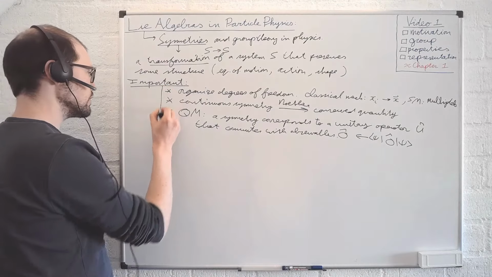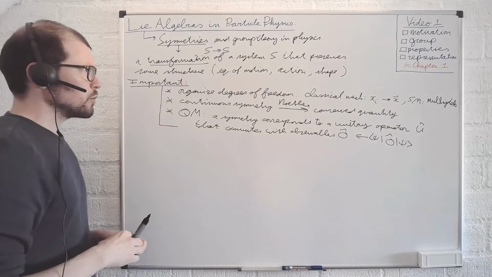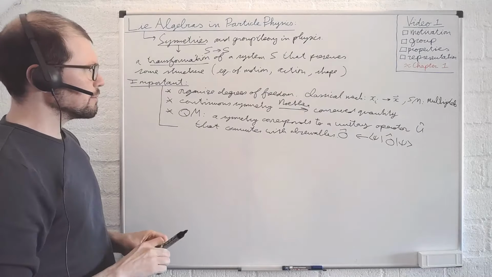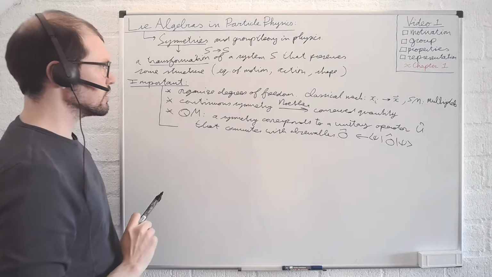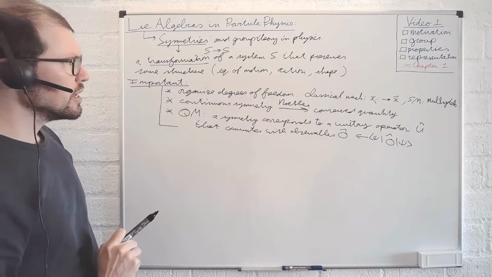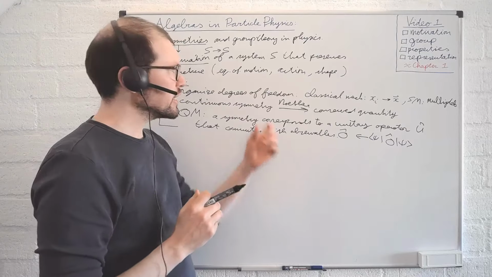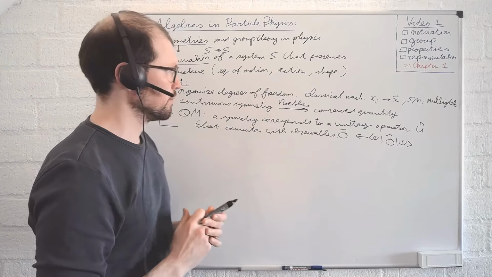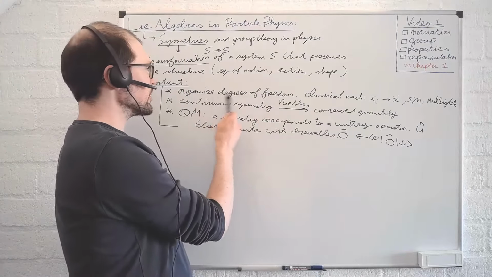Okay, and I'm sure you can think of a couple more reasons. But what the takeaway message is here is that actually for each of these considerations, it is very important to understand kind of the algebraic nature of symmetries. Right, so here we're seeing that symmetries, they organize degrees of freedom.